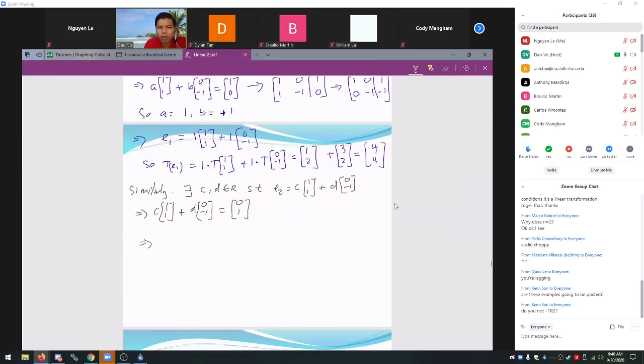So we can jump directly into the augmented matrix 1, 1, 0, -1, and then 0, 1. Again, RREF, you get 1, 0, 0, 0, -1, and 1. So we get c is equal to 0, and then d equal to -1.